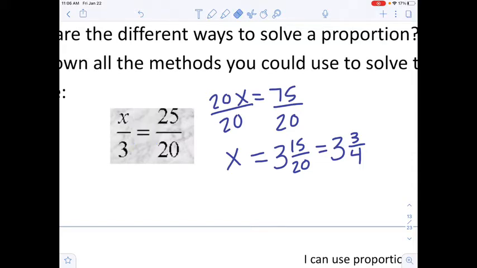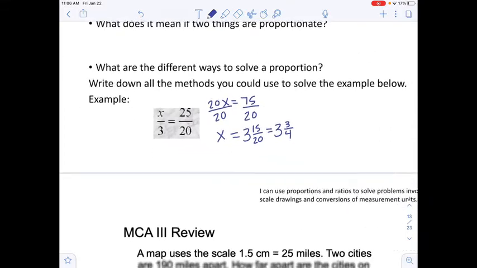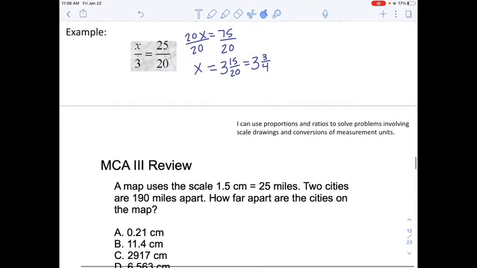Okay, we could also do it this way, but we'll keep it that way. Cross products, we like it.